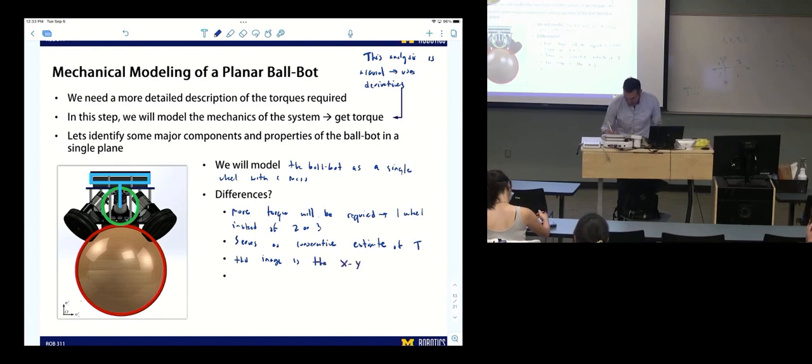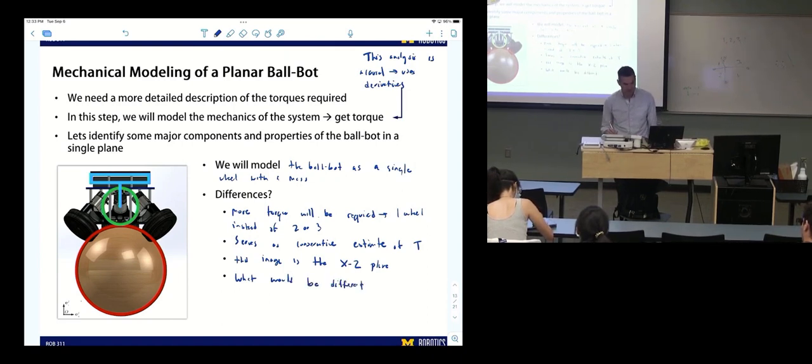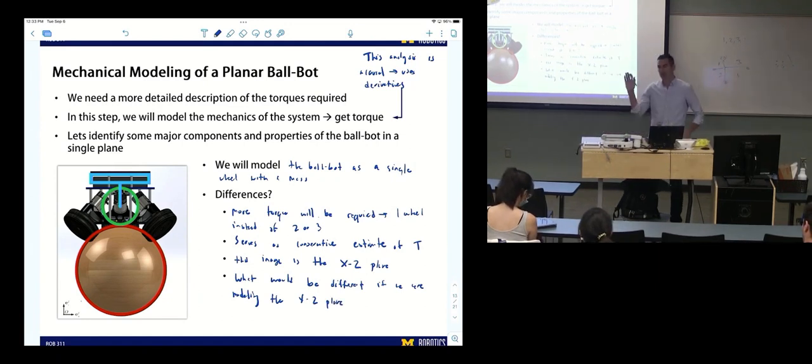So this image that we're looking at is the XZ plane. What would be different if we were modeling the YZ plane? That's the other plane. The XY plane is flat, parallel to the ground.